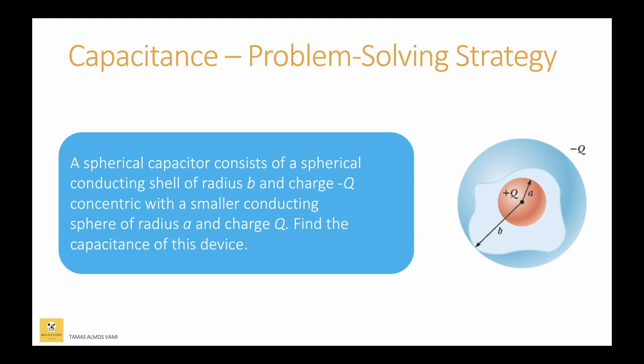We're interested in capacitance. Again, we do the same thing: make the drawing of the electric field, figure out what the electric field looks like, and then do the integral to find the potential difference. Then just use the definition of capacitance to figure out the capacitance of this spherical capacitor.